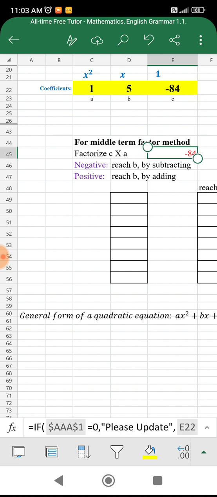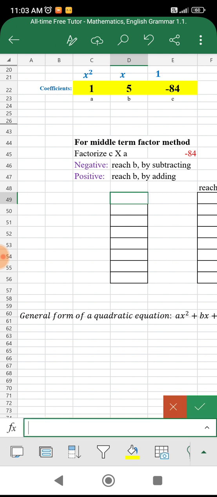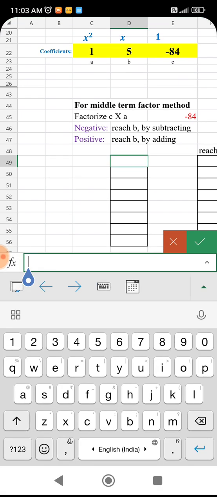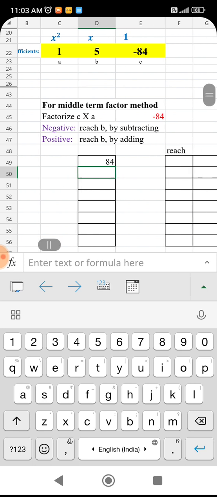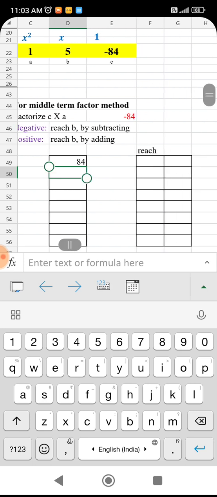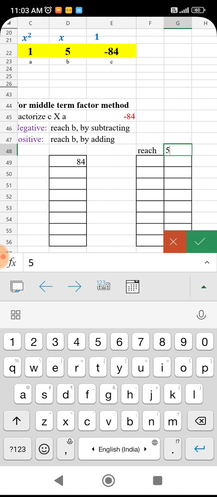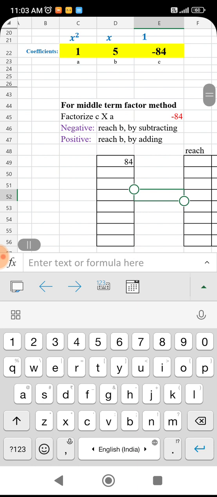We have to factorize 84, not minus 84, and we have to reach the value of B, positive B, that means 5. And as it is negative, we have to reach the 5 by subtracting.